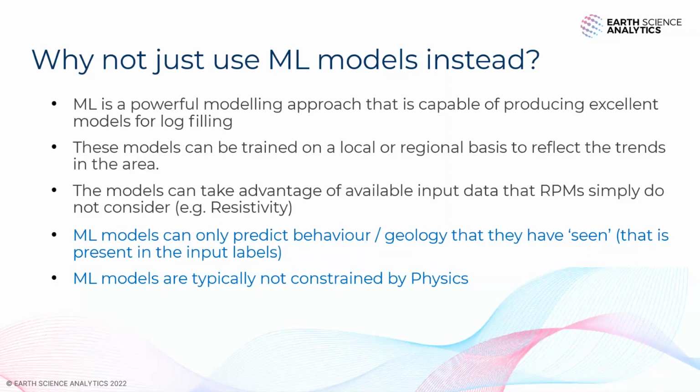And equally, the machine learning models, unless they are constrained by physics, which is something that people are working on, but for the most part, the standard models are not constrained by physics, which means that they can predict things that can't physically happen. So you then have to go and check your VPVS ratio, your Poisson's ratio, other behaviours to ensure that what they've predicted is reasonable.